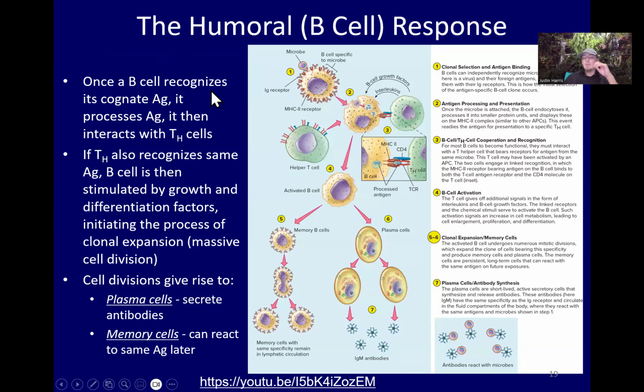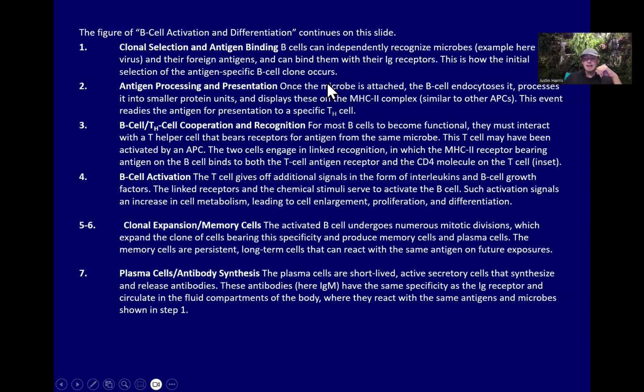So then we have the humoral immunity, which is antibodies and the B cells and immunoglobulins. We have our naive B cell that is inactive, before it's been exposed to a microbe.